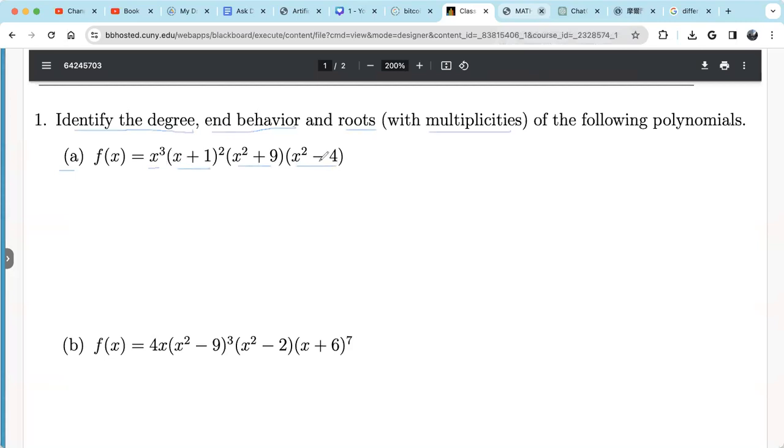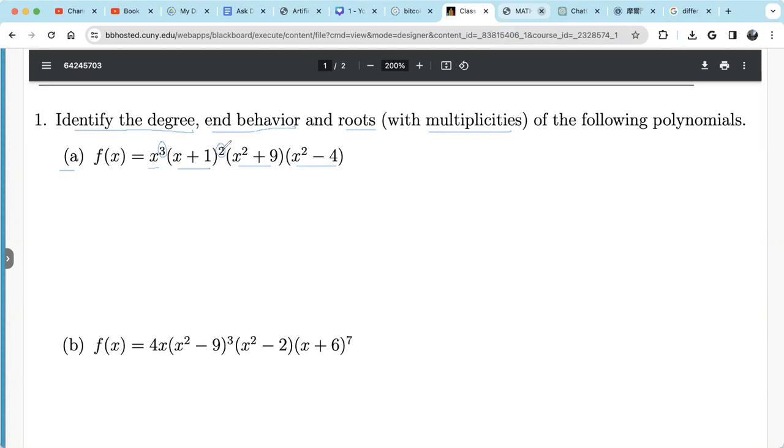The degree will be adding all the exponents of each factor. So the first factor has an exponent of 3. And the second factor is a perfect square. If we expand this out, we get x squared plus 2x plus 1. So here, the exponent is 2. Just consider the leading term.